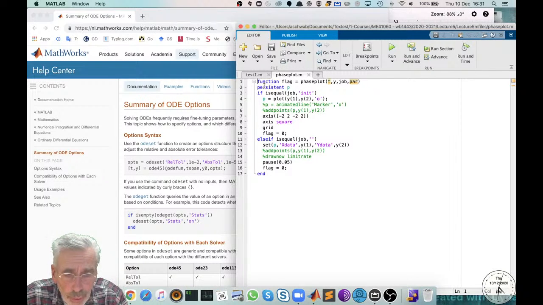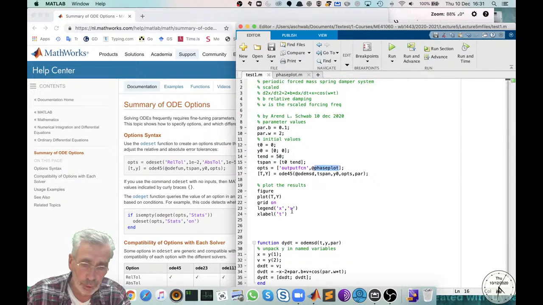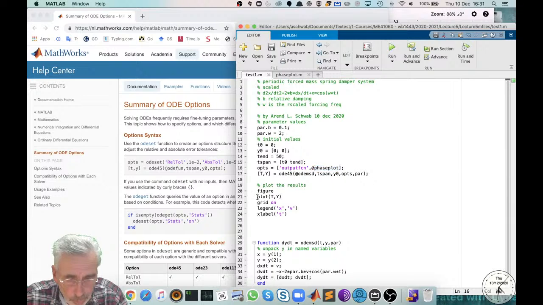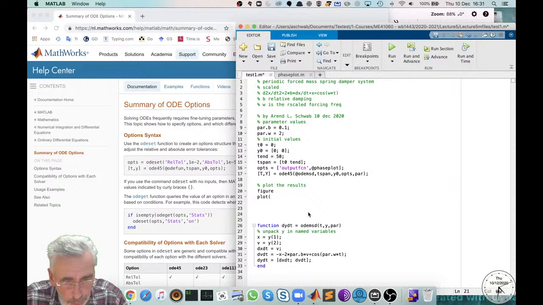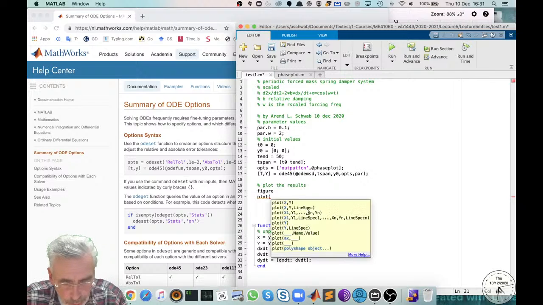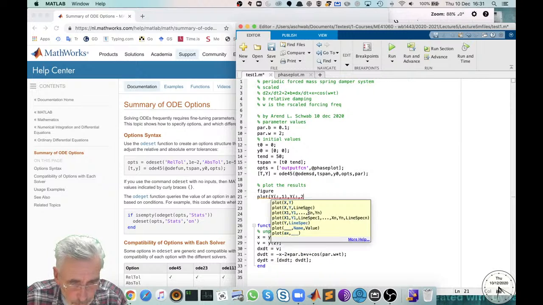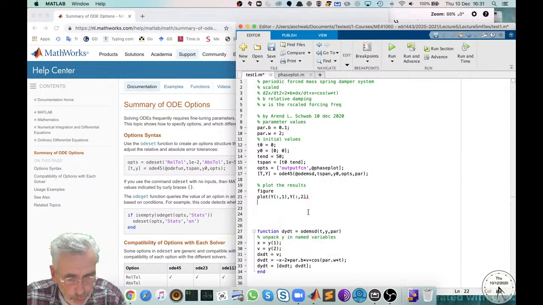Of course we can already make a phase plot here. What do we plot? The position, which is y1, and then y2, the second column, which is the velocities, and then grid on. This is already a phase plot.